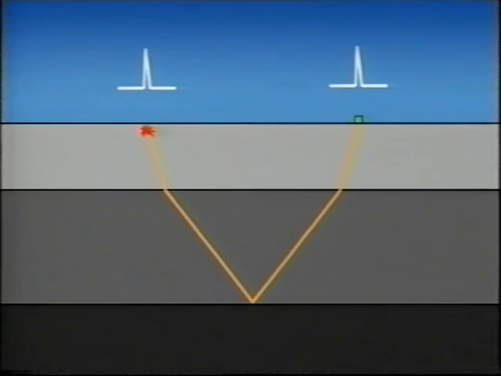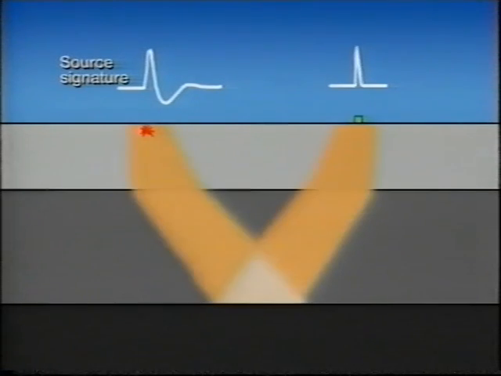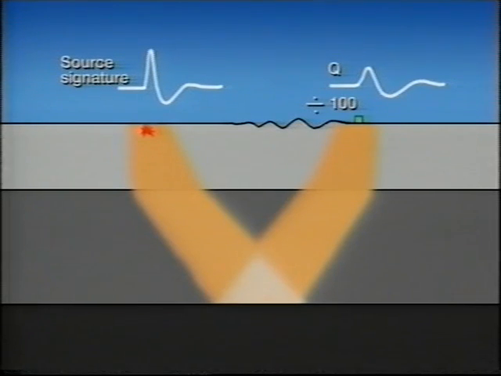We lose our simple spike right at the beginning because of the source signature. We lose our simple ray because seismic propagation requires a wide volume of rock. We lose our simple spike again because of absorption. We lose the amplitude of our pulse because of spherical spreading. We lose certainty when surface waves arrive at the same time as reflected waves.